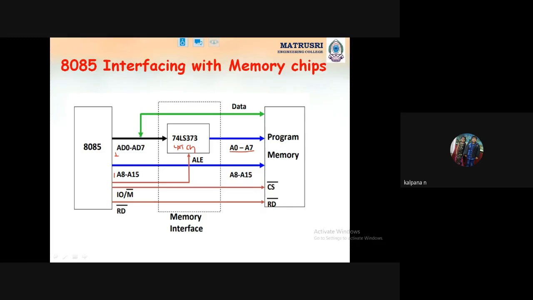Next, after separating A0 to A7, D0 to D7 are left, right? So these D0 to D7 also we have connected directly.